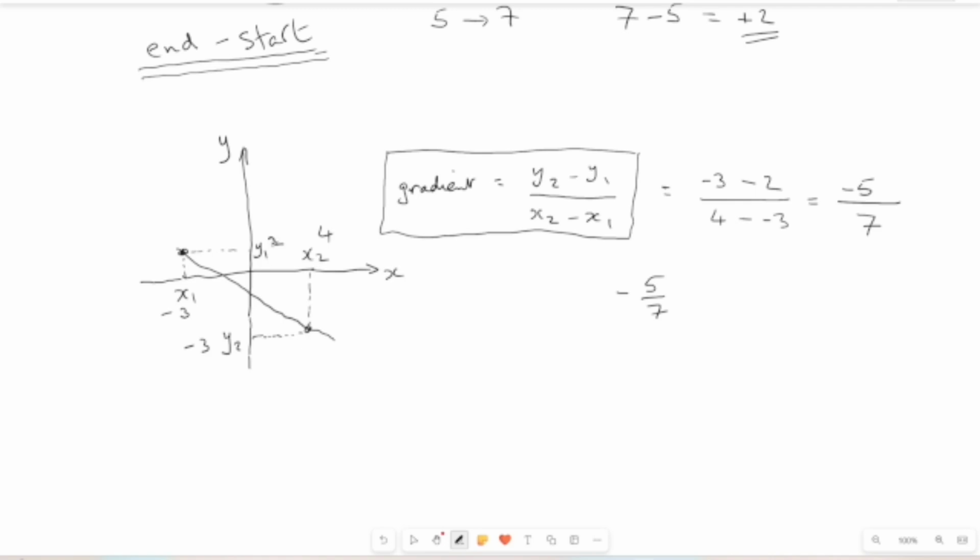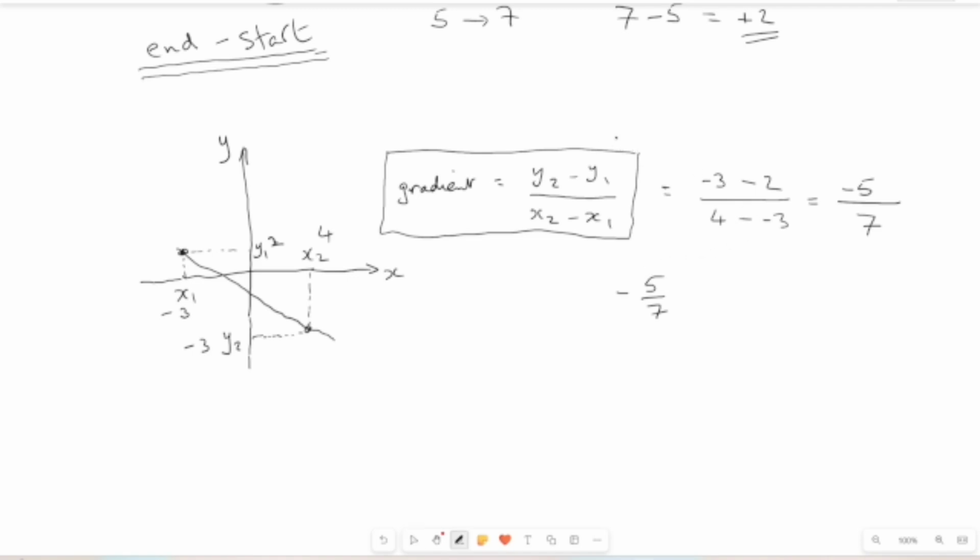Well, it's gone up 2 and down 3, so we're looking for 2 and a 3, which makes 5. Yep, so that works well. And then in the x direction, we've gone 3 in one direction, 4 in the other. That's a total of 7, so this works out fine.